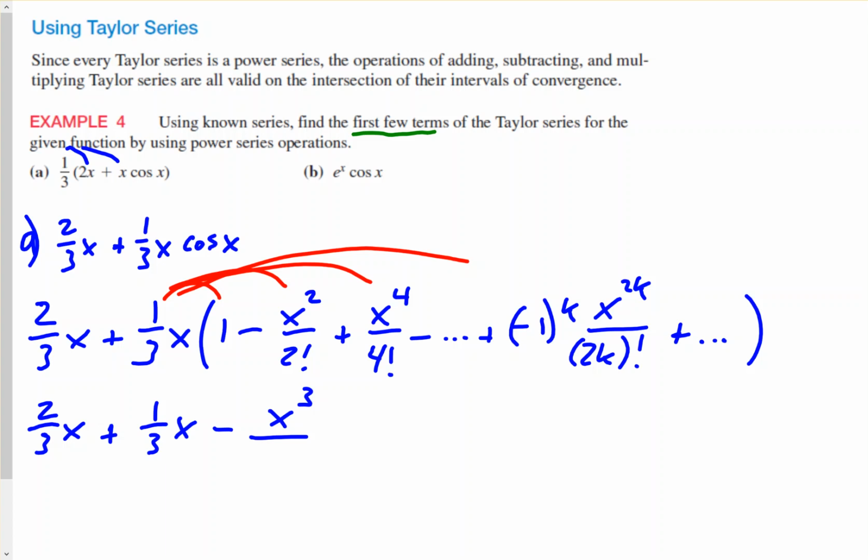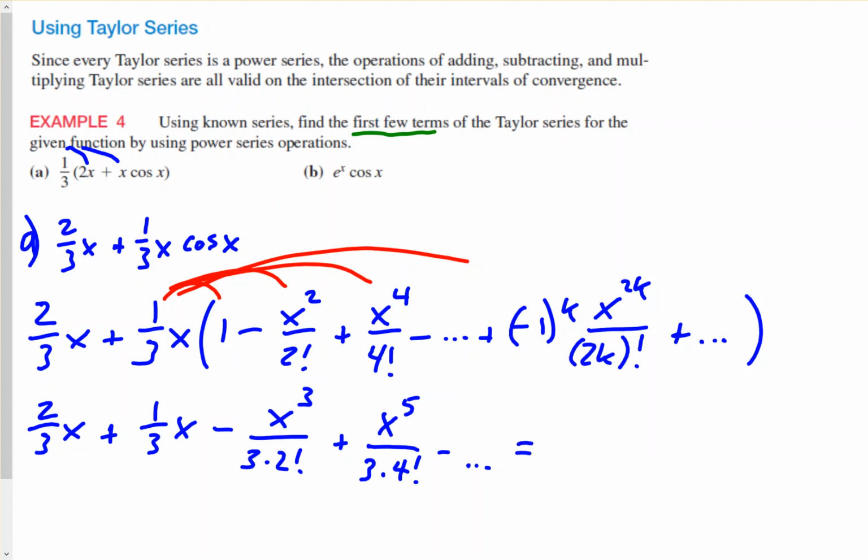But now 3 times 2 factorial would just be 3 factorial, right? Or you just write 3 times 2 factorial for now. And then we have 1/3 x times x to the 4th, so plus x to the 5th over 3 times 4 factorial, minus dot dot dot. And they only wanted the first few terms, so I think that's enough for now.